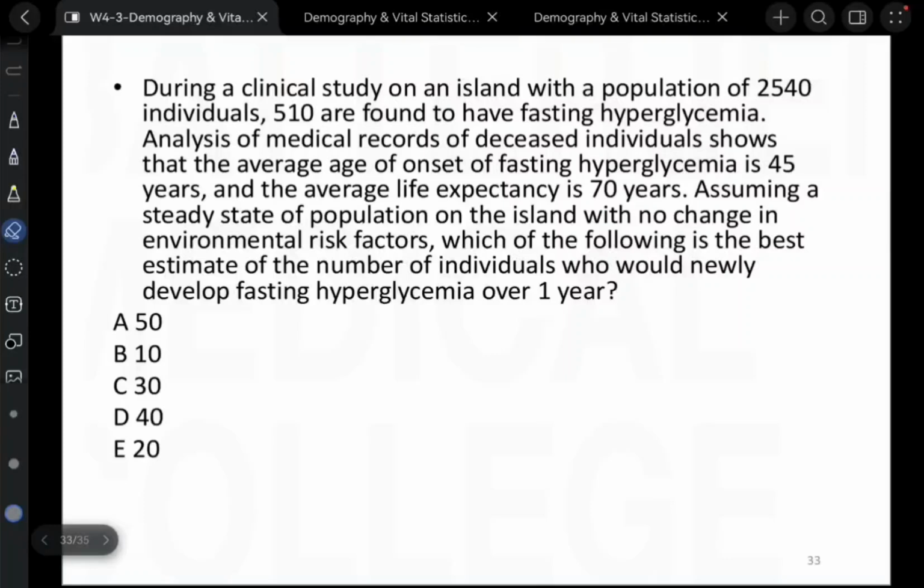Okay. In this question, I remember the doctor saying that it's a higher level question, to an extent where the equation that we're using is not even written in these slides. If I remember correctly, we have 510 fasting hyperglycemia, and the onset is 45, the life expectancy is 70. So now we subtract 45 from 70, that's 25.